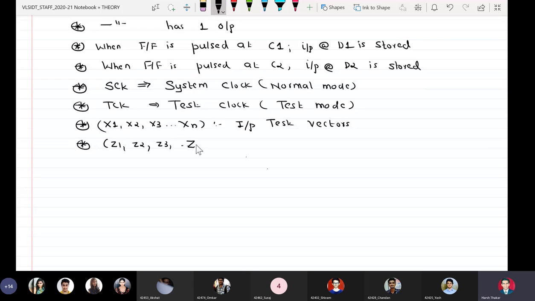Z1, Z2, Z3 up to Zn are the standard output set.